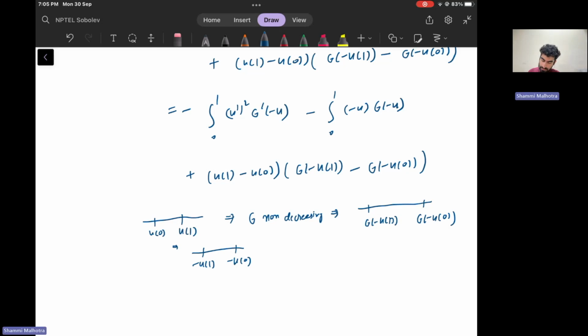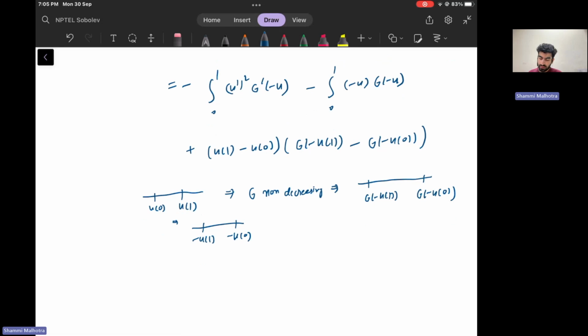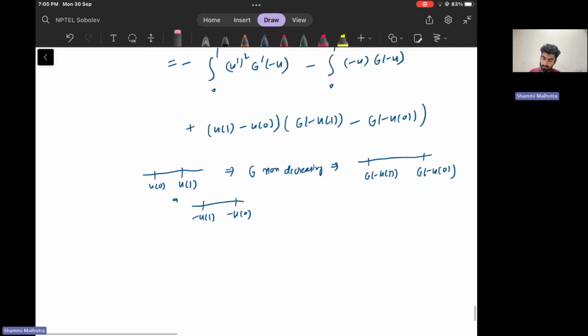So basically this will have a negative sign here. And so is the case because of symmetry, I can use the other side as well. So this quantity will be a non-positive quantity, and this is also a non-positive quantity.